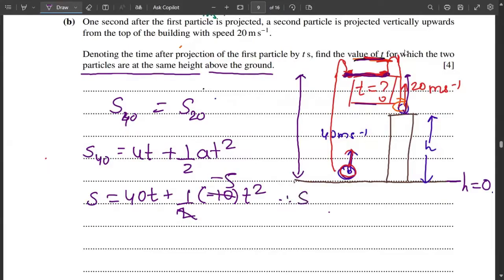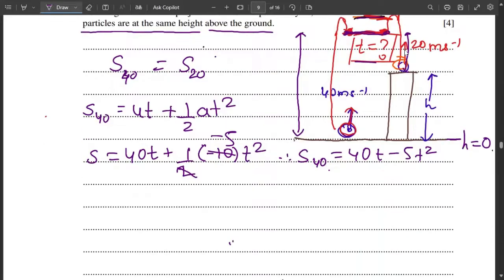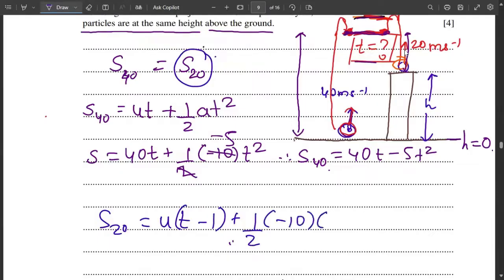So therefore, displacement of the 40 meter particle is 40t minus 5t square. Now what about the 20 meter per second particle? For the 20 meter per second particle, same u, but instead of t, we'll write t minus 1, plus half into minus 10, t minus 1 the whole square.